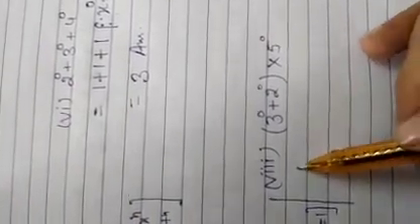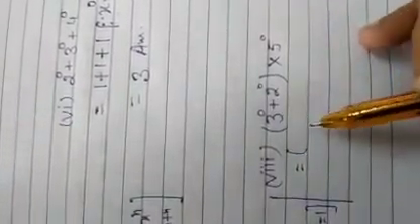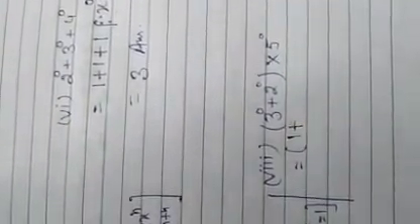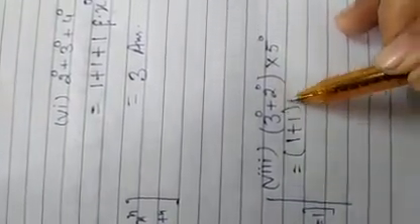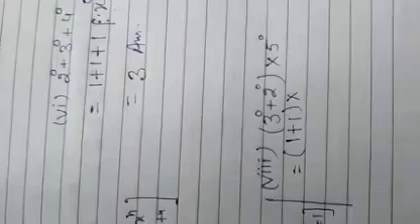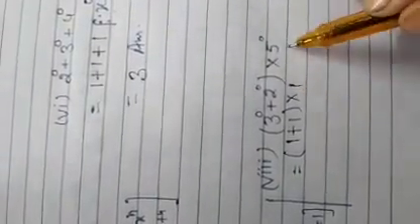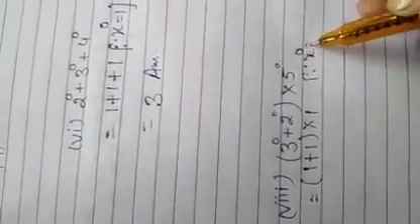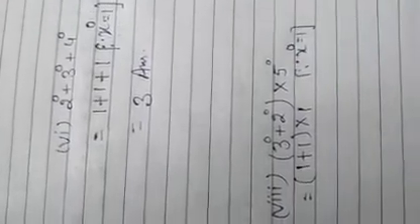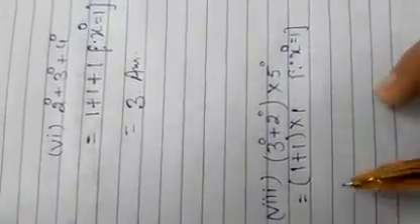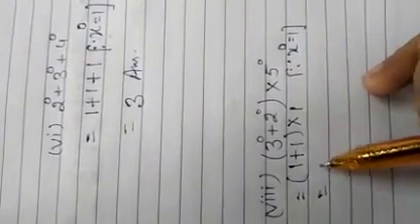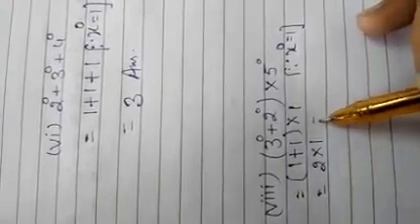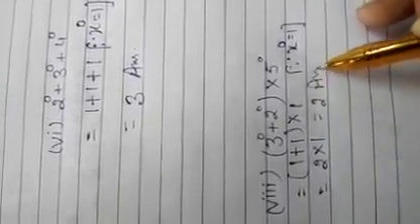So here it will be written as 3 raised to the power 0 means 1, plus 2 raised to the power 0 again 1, multiply 5 raised to the power 0, that will be 1. And here you will mention the identity because x raised to the power 0 is equal to 1. Now you have to solve it further. So here 1 plus 1 will be 2, multiply 1, and 2 times 1 is 2. So 2 will be your answer.